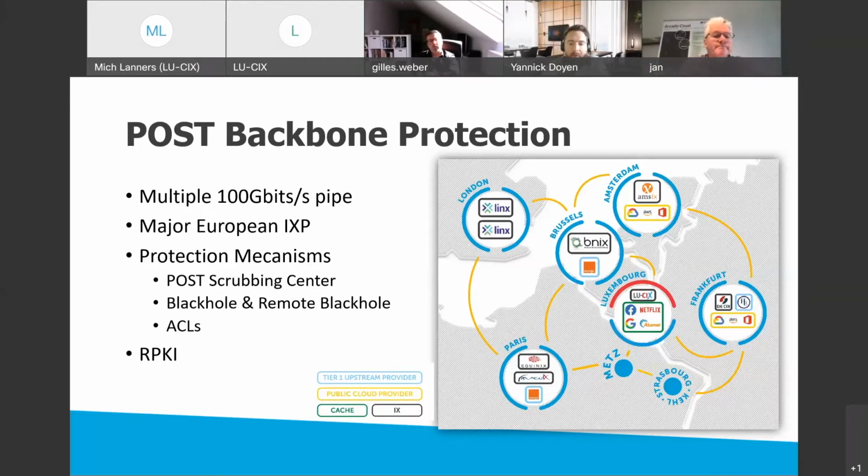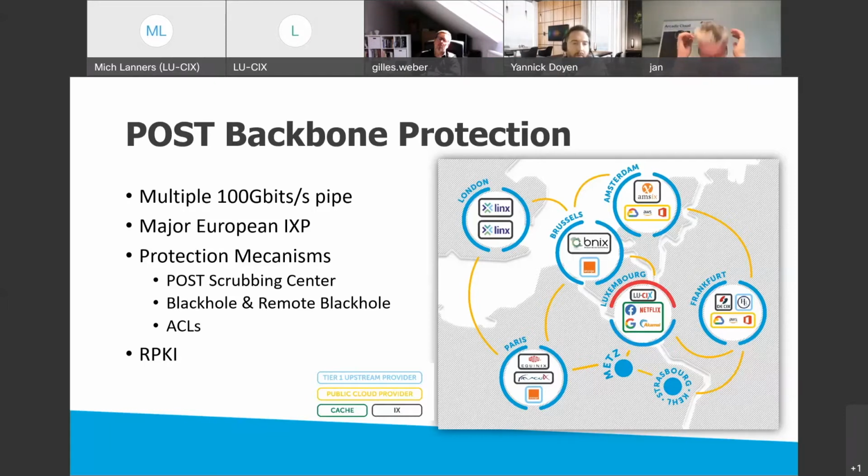At the backbone level, we also have a protection plan, and we can activate, on demand or automatically, multiple protection mechanisms. The first one is, of course, the utilization of our scrubbing center, but we can also use blackholing locally or remotely from our upstream or IXP.